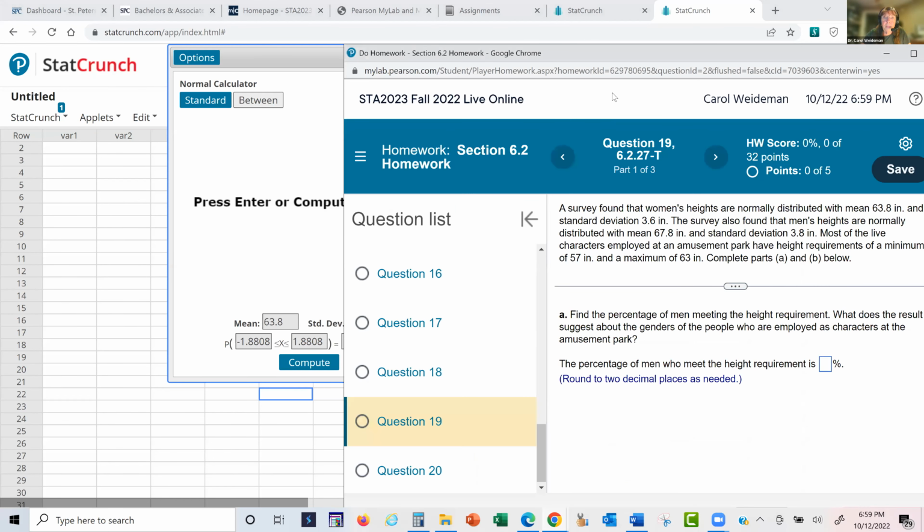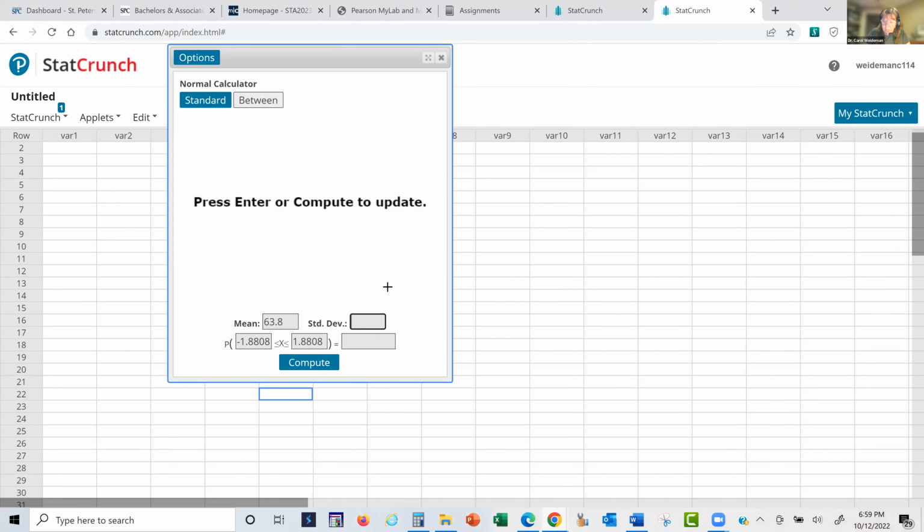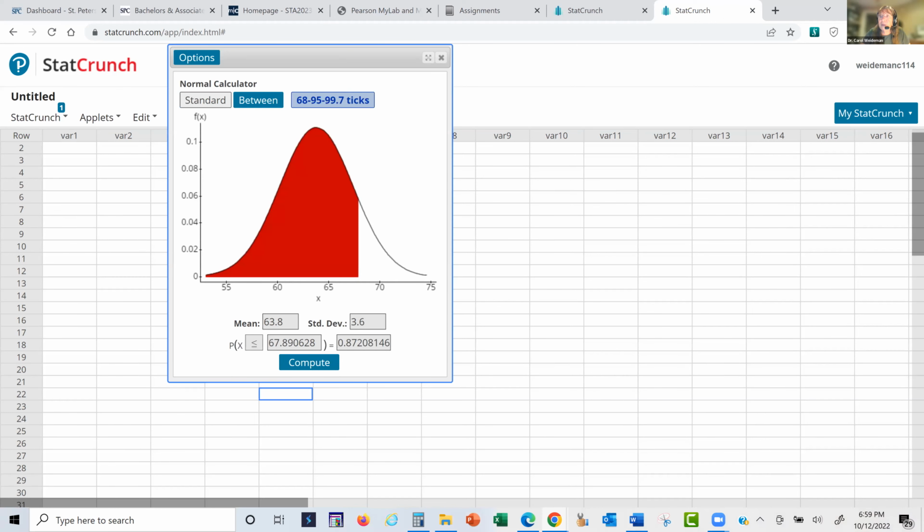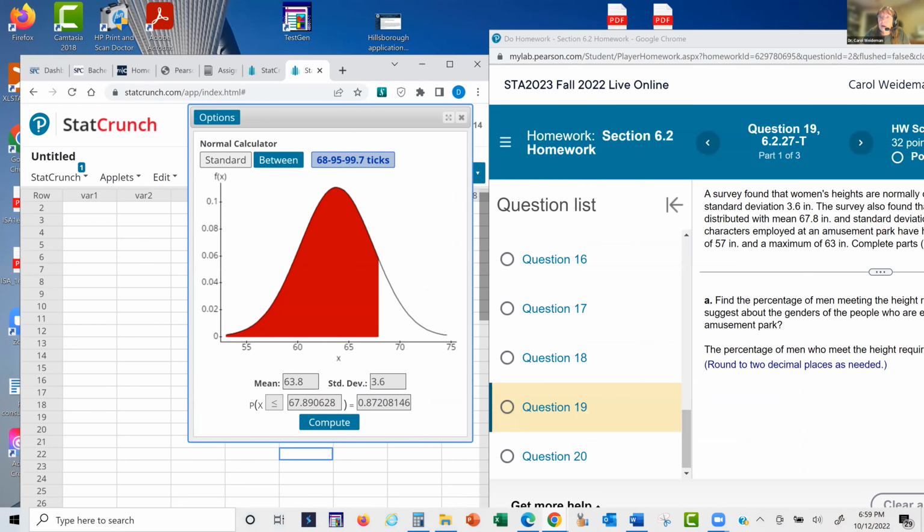Here it is. 3.6. I think it's going to be a standard one, but we'll see. Let's take a look. All right. And the survey also found men's heights are normally distributed with a mean of 67.8 and a standard deviation of 3.8.